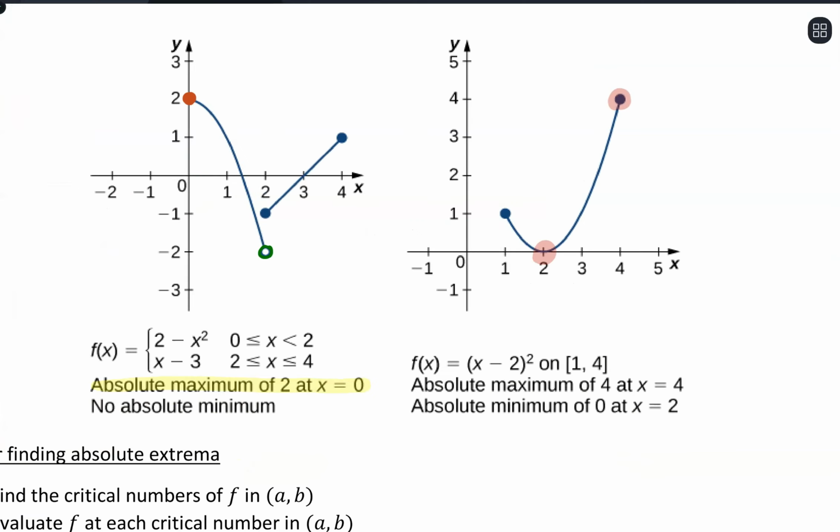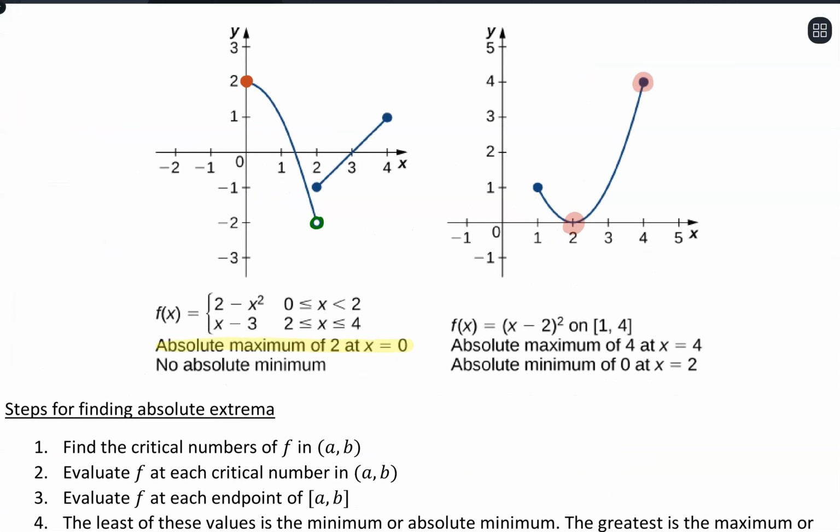So in order to find the absolute extrema, we need to keep in mind the interval that we're working on, so the beginning and end. We're going to need to evaluate the coordinates that are coming through from the edges of the interval. And this is really a comparison of y values: what's the largest y value and what's the smallest y value.